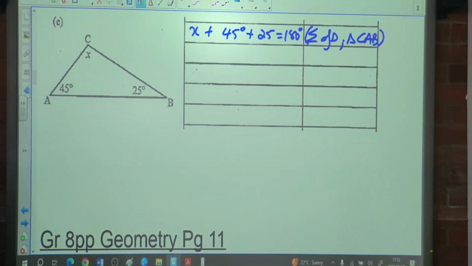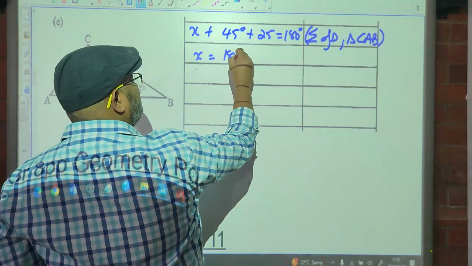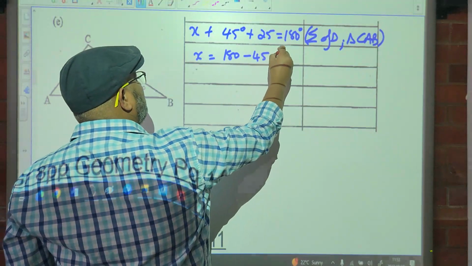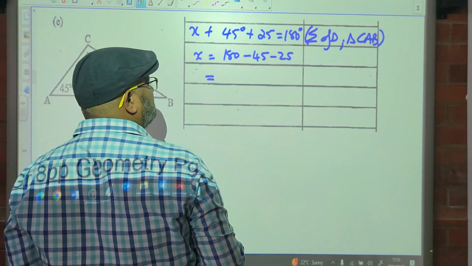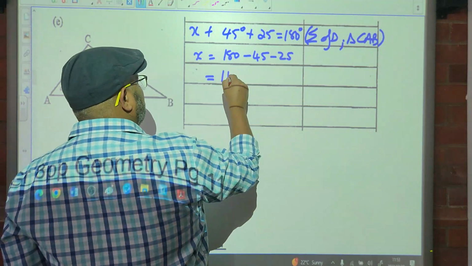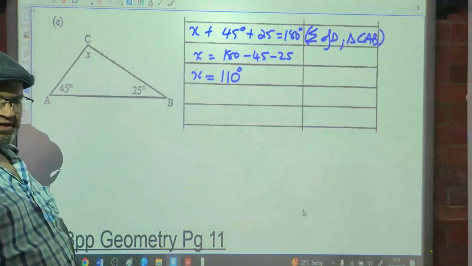Okay. So I get x on its own and take 180 minus 45 minus 25. What's 180 minus 45 minus 25? 110 degrees. Okay.